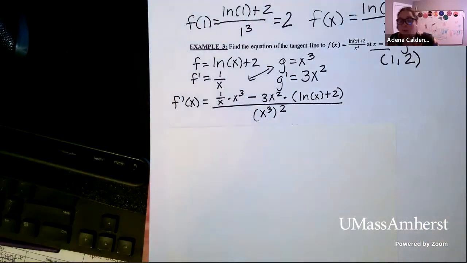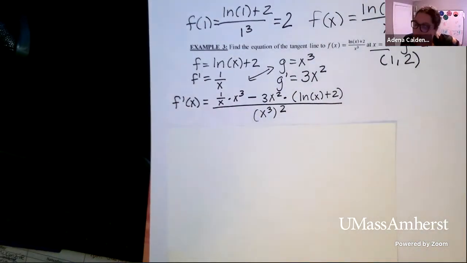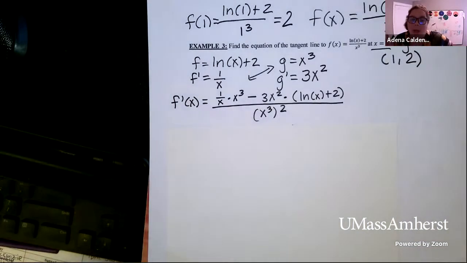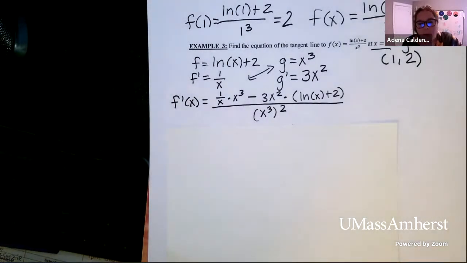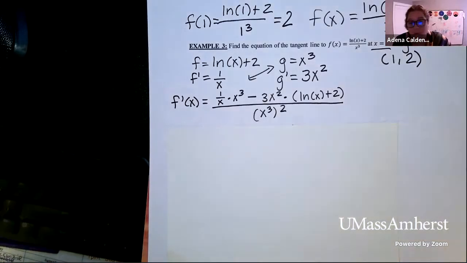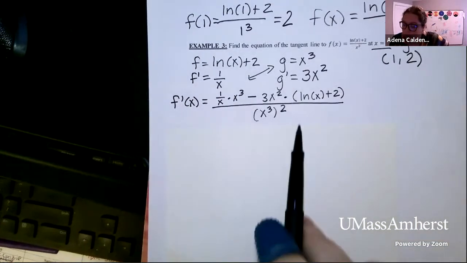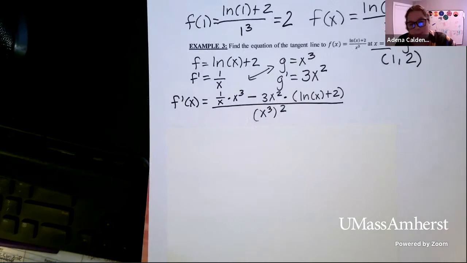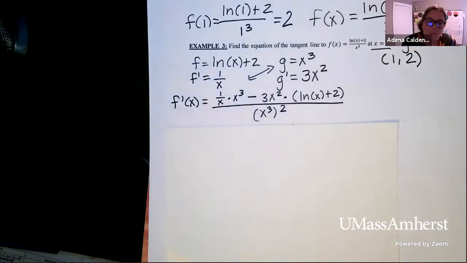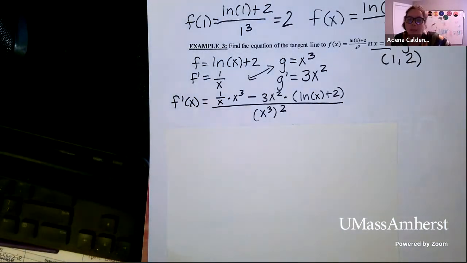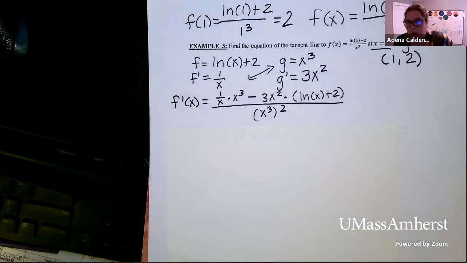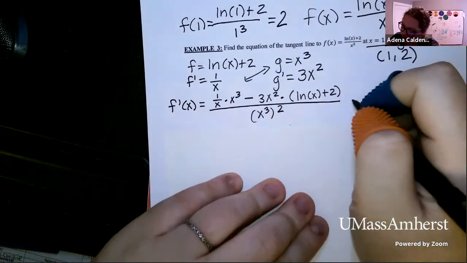Okay, so we do have to plug a 1 into this to get our slope. And I will tell you, it's up to you whether or not you want to simplify first, right? We could simplify this term. We could simplify this term. Sometimes it helps to simplify before you plug a value in, but it's really up to you what you prefer, right? You don't have to simplify. You can just plug in 1 as is. It's really a matter of preference.